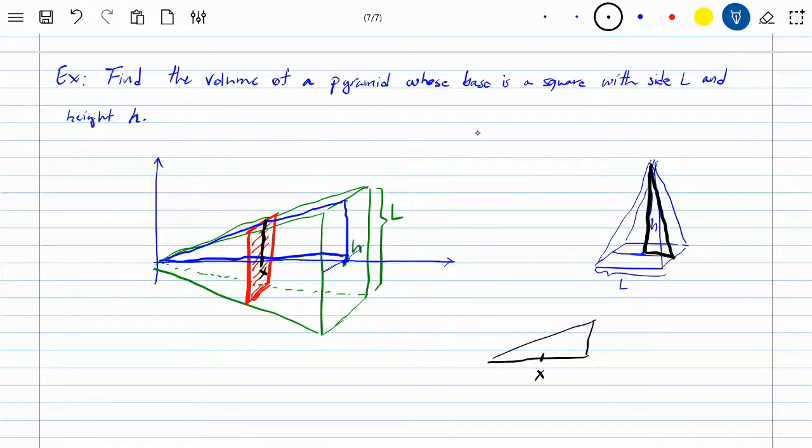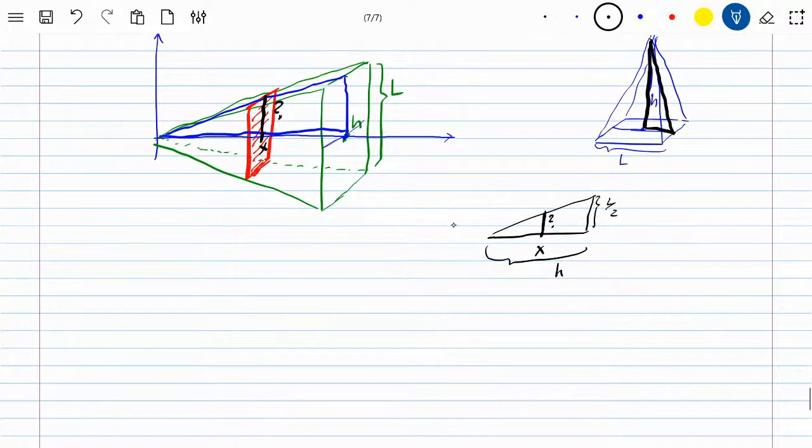Okay, so let's look at this triangle. This is x. The whole length is given h. The height here is half of the base, which is L over 2. And we need to figure out what this height is. Let's call it question mark.